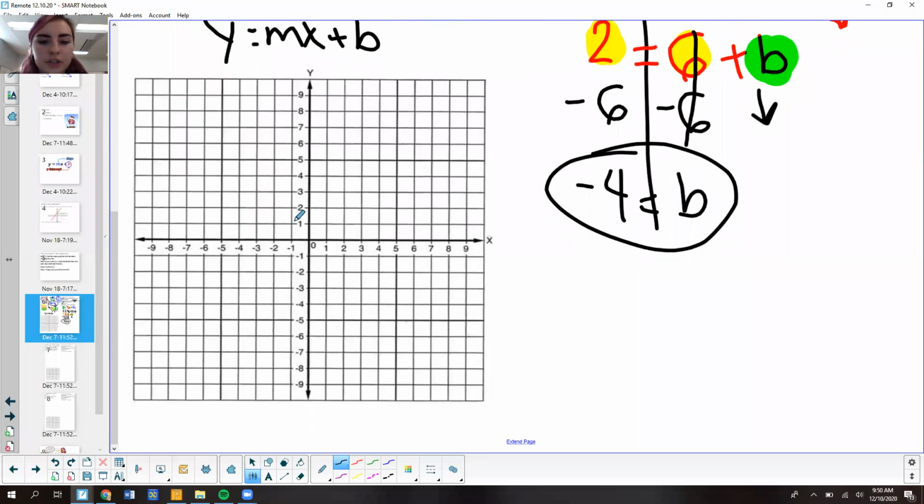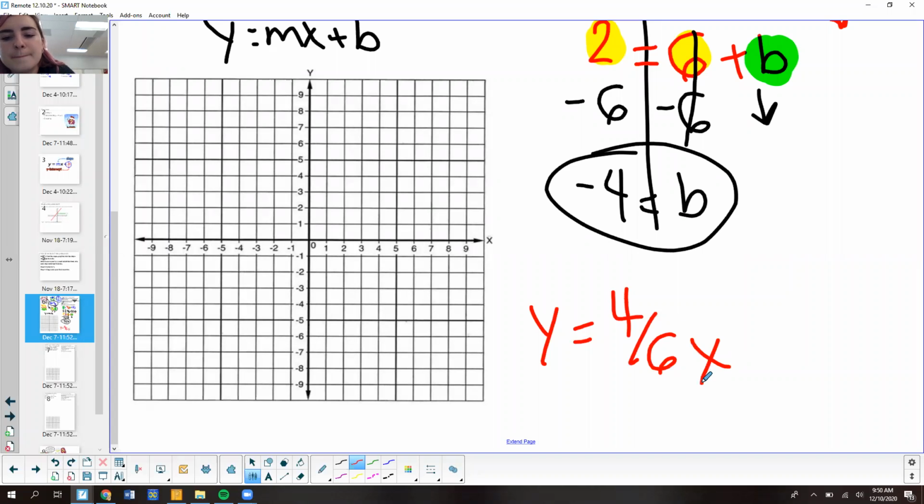My only suggestion to make that even better, and you guys did an awesome job coming up with that, is to write this as y equals 4/6x minus 4. The reason we put plus b is just saying that's where b goes. If b is negative, then you need to write it as a negative. Since b is negative 4, we're going to write it as minus 4. Otherwise, really good job to everybody who came up with that.